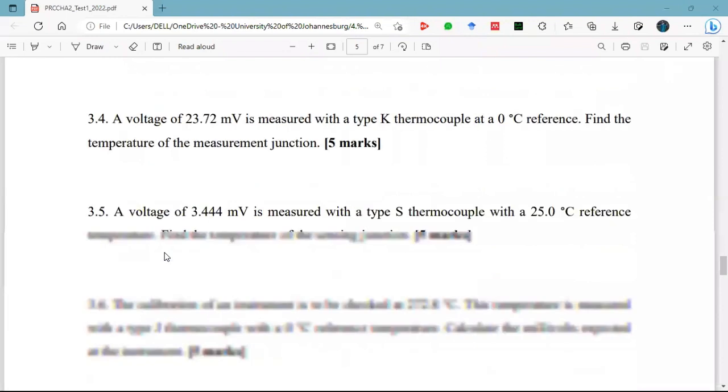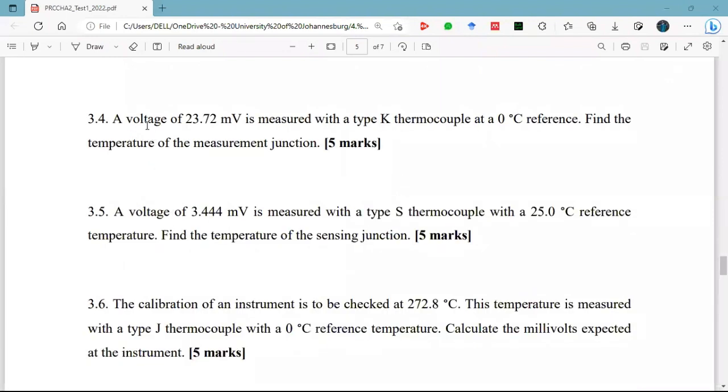All right, so 3.4, a lot is happening there. They tell you that a voltage of 23.72 millivolts is measured with a type K thermocouple at a 0 degrees Celsius reference. And then you are told to find the temperature of the measurement junction.